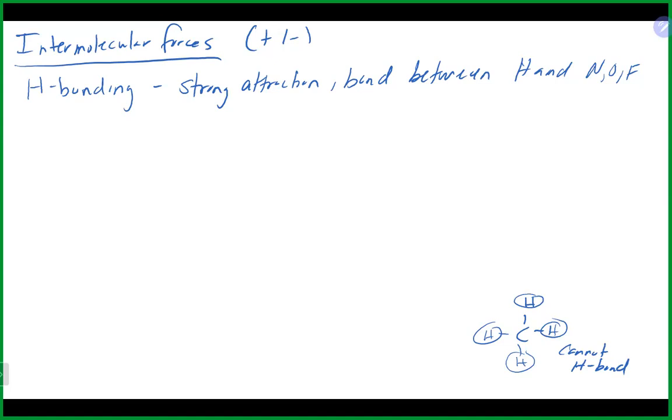And if you took something like methanol here, it looks something like this. When we look at methanol, it has 2 parts. It has a nonpolar part, which is where the carbons and hydrogens are. And it also has a polar part where we have this OH bond here, and that's going to be a polar bond.